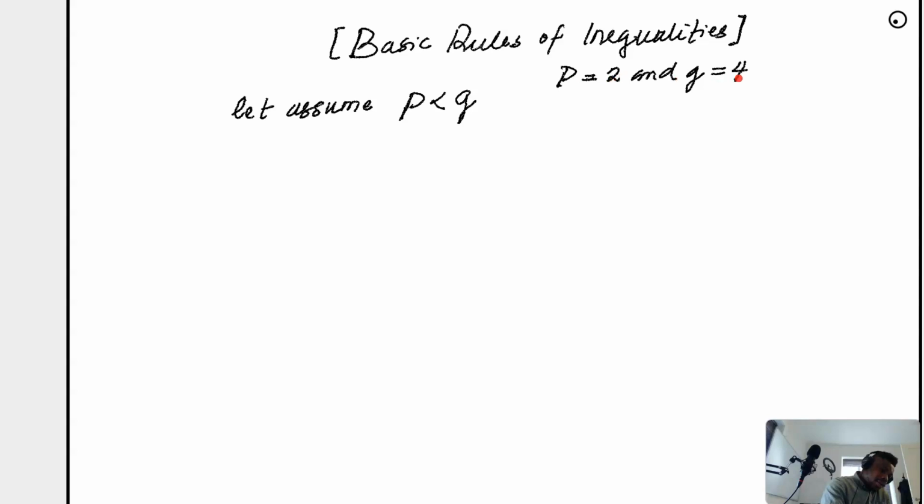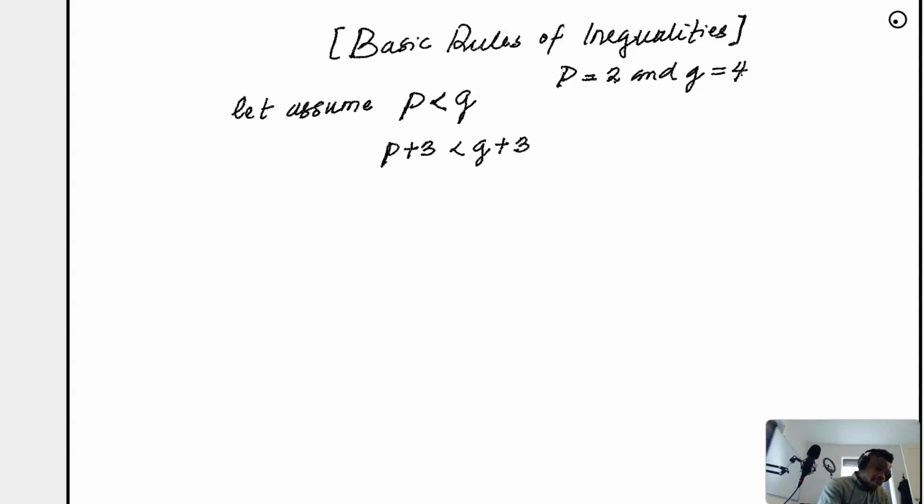P is 2 and Q is 4. And you know 2 is less than 4. So P is less than Q. So that is okay. So let's add 3 to both sides of this inequality. So if I say P, I'm adding 3 to the left-hand side, and I'm adding 3 to the right-hand side.